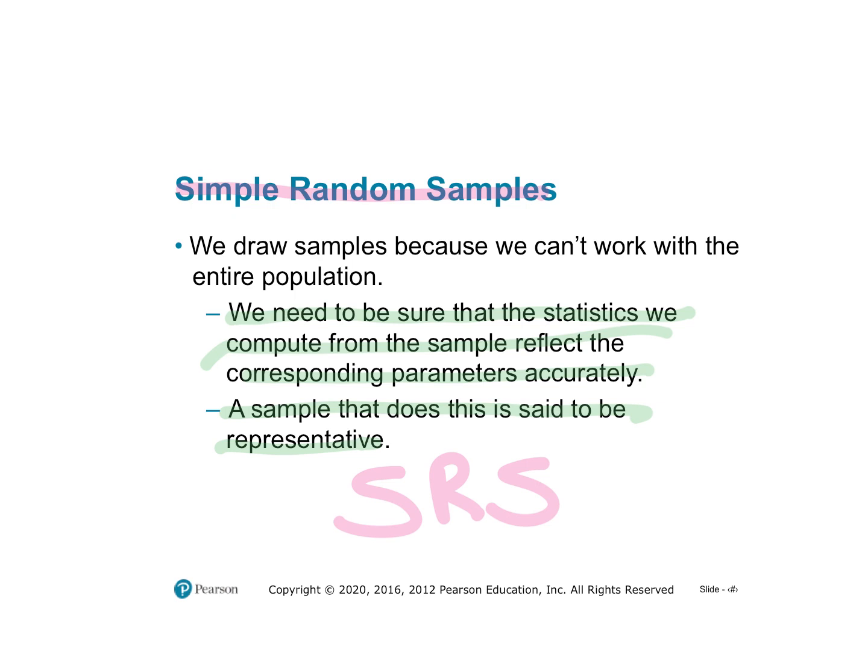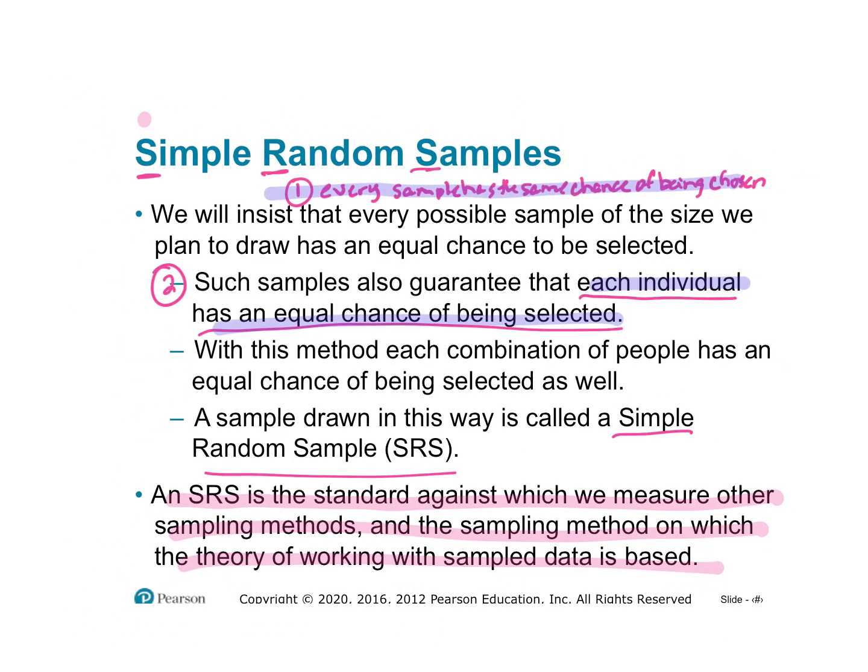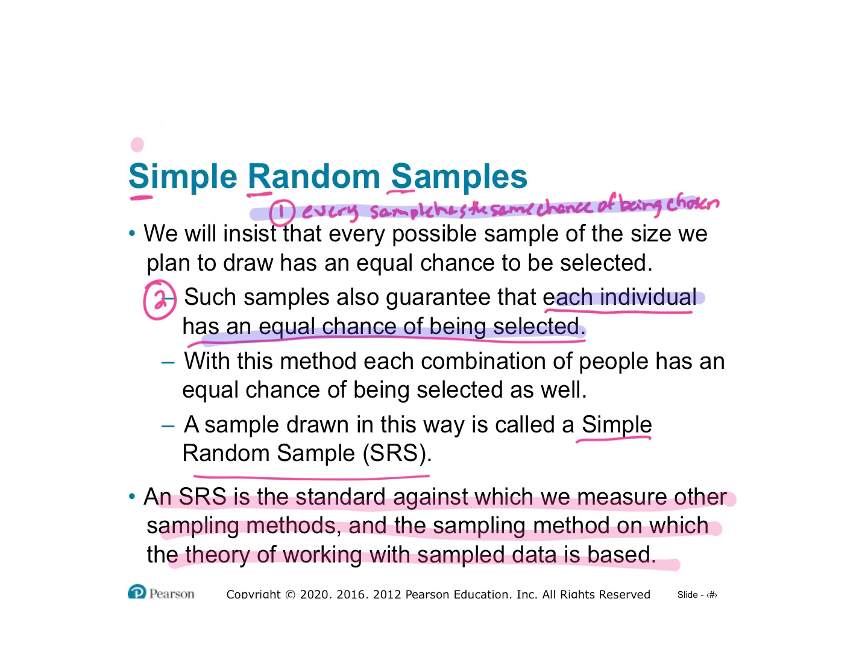Let's talk about these different types of sampling again. So simple random sample. It is abbreviated SRS. Guys, you need to know this. I can promise you this is going to be on the quiz.